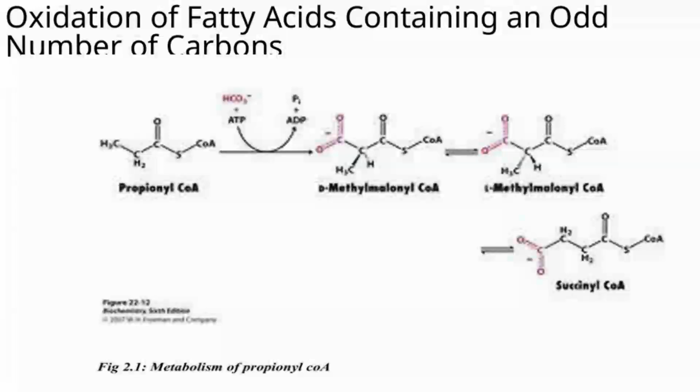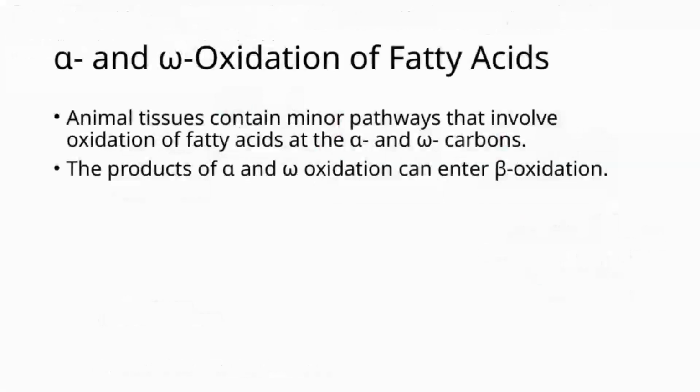Animal tissues contain minor pathways that involve oxidation of fatty acids at the alpha and omega carbons. These pathways are less prominent than the main beta-oxidation process, but still play important roles in specific metabolic contexts.